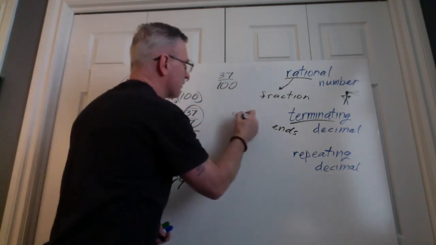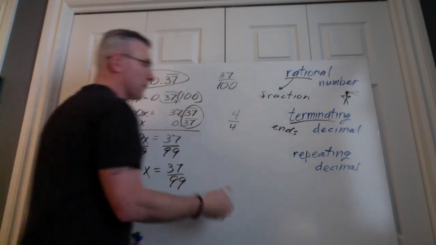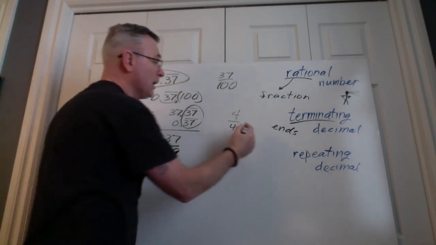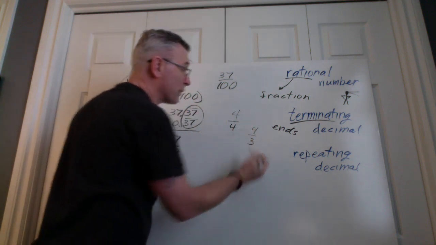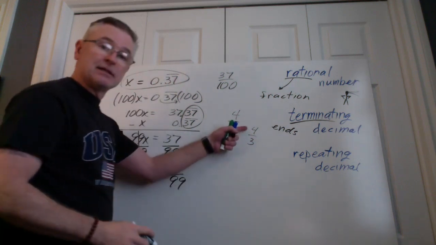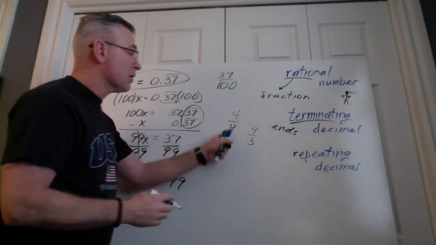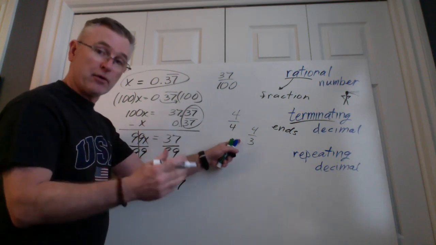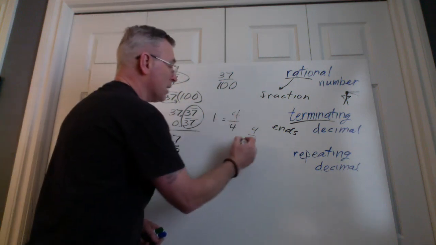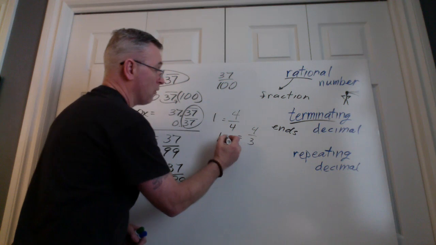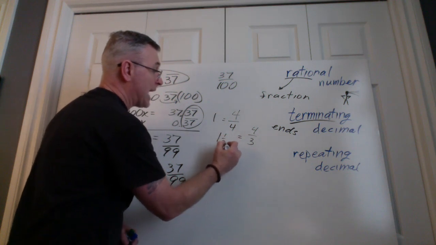For instance, if we had 4 divided by 4, I have 4 fourths, which is 1. But then when I have 4 over 3, now everything in the top is worth a little more, because we're not talking about fourths, we're talking about thirds. So this is 1, but this thing is 1 and a third.